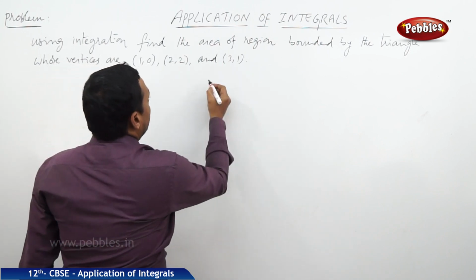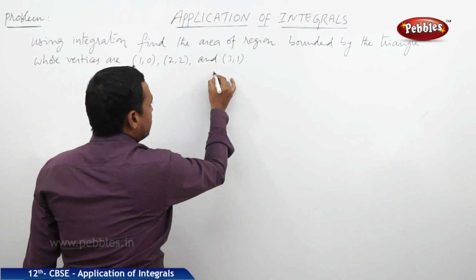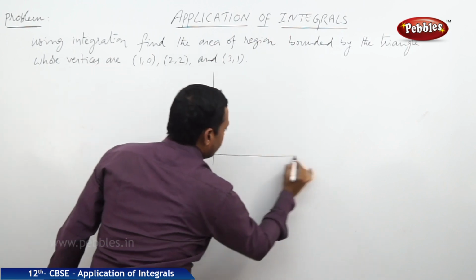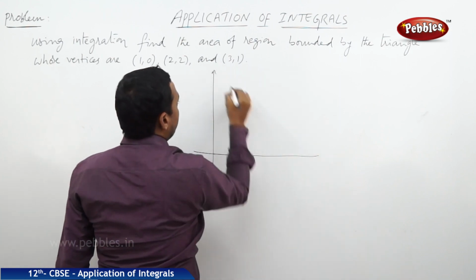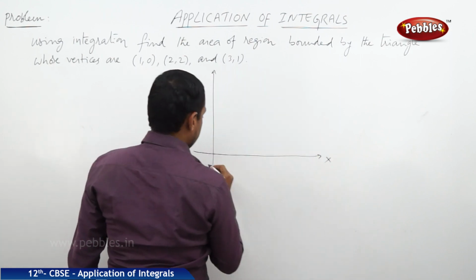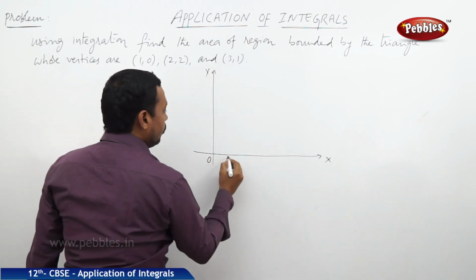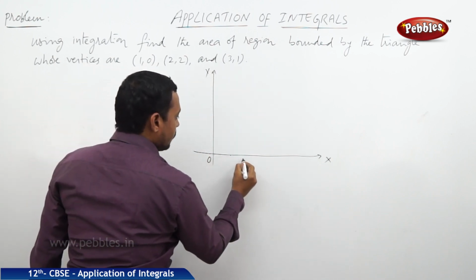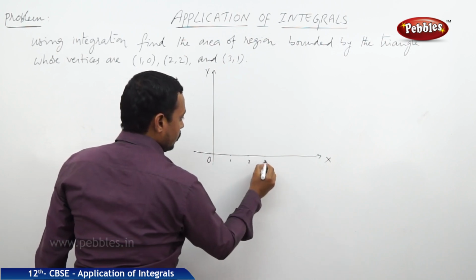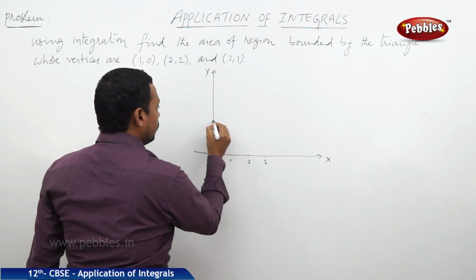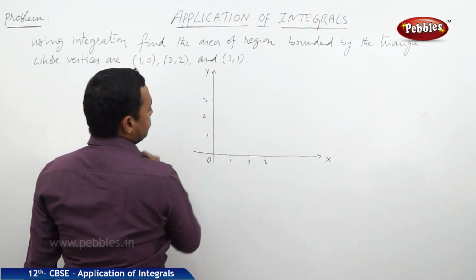Now, let us draw the triangle formed by these vertices on a graph. So let it be the x-axis and this is the y-axis, origin. 1, 0, I am taking it as 1, 2, 3 etc. And this is 1, 2, 3 like this.